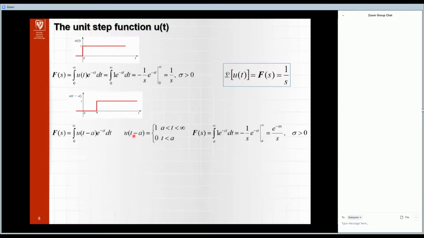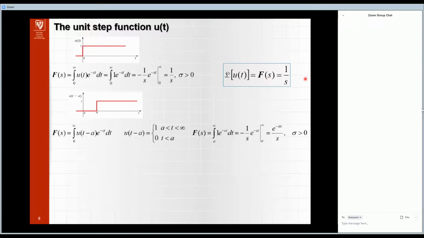This unit shifted step function has 0 for t less than a, and 1 in this range. So we can change the limits of this integral, and now when we calculate, we obtain this value.